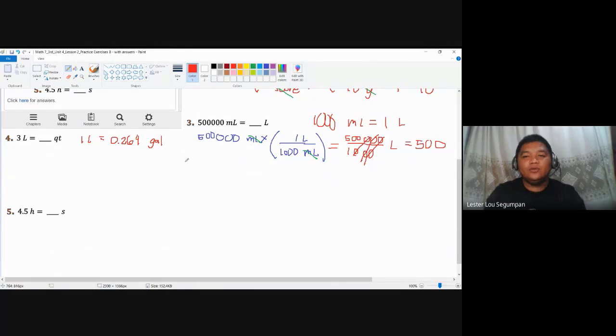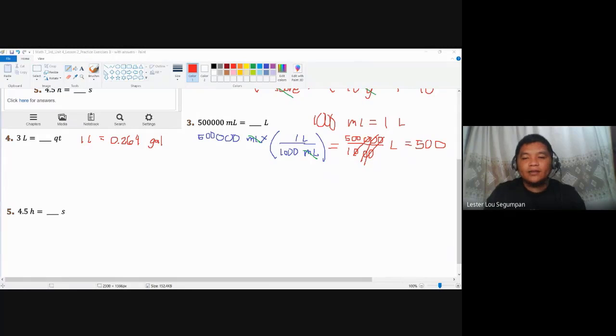No need to round off the conversion factor for gallons, because that's the given relationship. So no need to be stressed with that.